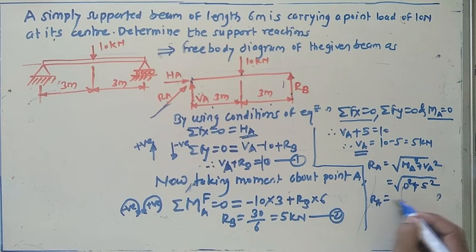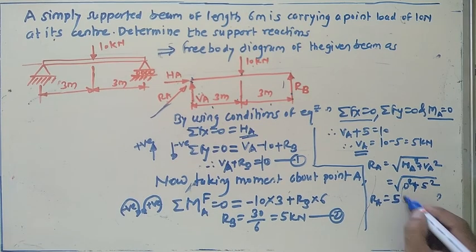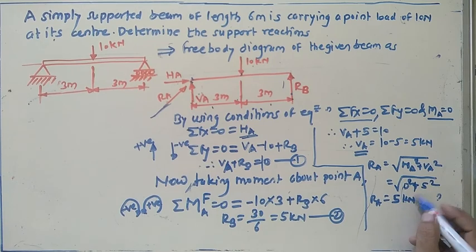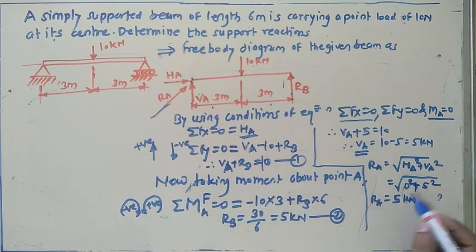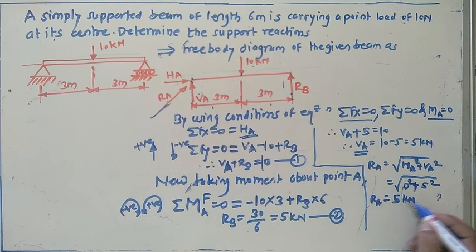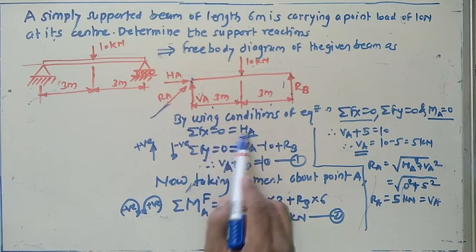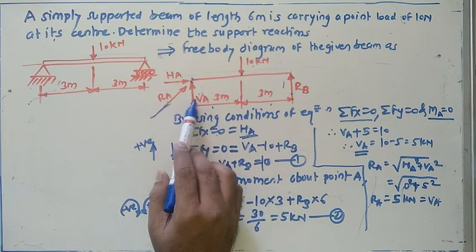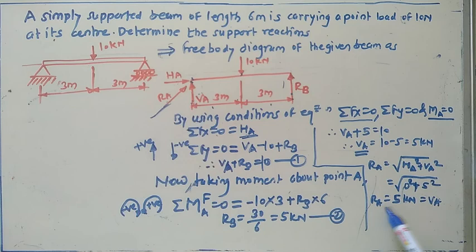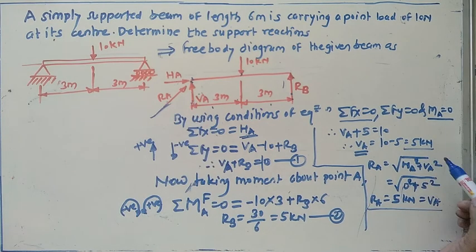RA equals 5 kilonewton. That's why, whenever the value of HA becomes 0, VA is nothing but RA. RA is 5 kilonewton and VA is 5 kilonewton, the same value. That's why RA equals VA.